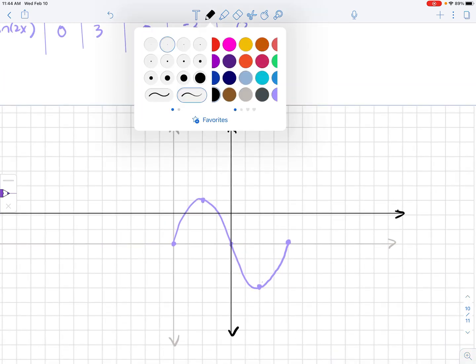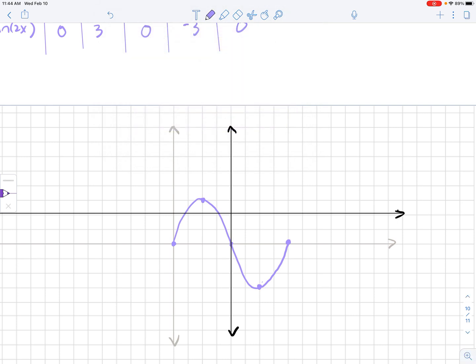Slightly off, but that's okay. And then I can extend. It's just a little bit harder, I think. It's nice to have that midline there still, but it's a little bit harder, I think, to follow the pattern. Not that much harder, but.